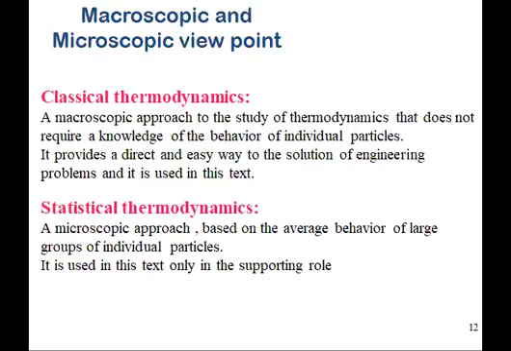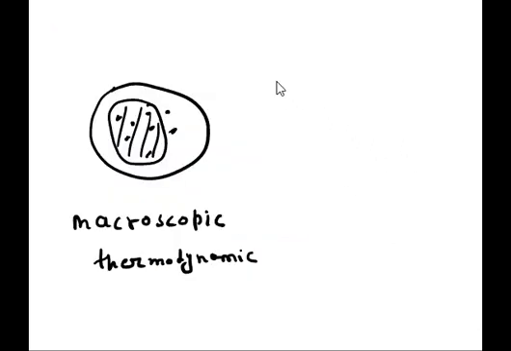On the other hand, statistical thermodynamics, or microscopic thermodynamics, is a microscopic approach based on the average behavior of a large group of individual particles. Let's say we have a system, and here we are interested in the individual particle behavior.